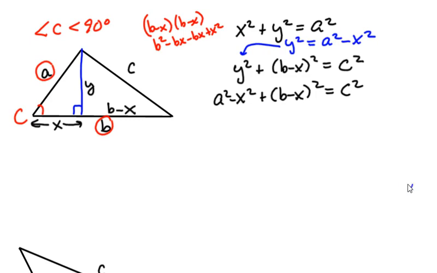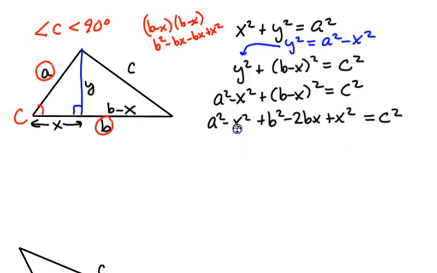So this turns out to be a squared minus x squared plus b squared minus 2bx plus x squared, and then that whole thing equal to c squared. I'd like you to get to the point where you can just see (b minus x) squared and recognize that you're squaring the first term, squaring the last term, and that the middle term is just two of those multiplied together: b times negative x twice, because that happens twice when you use FOIL.